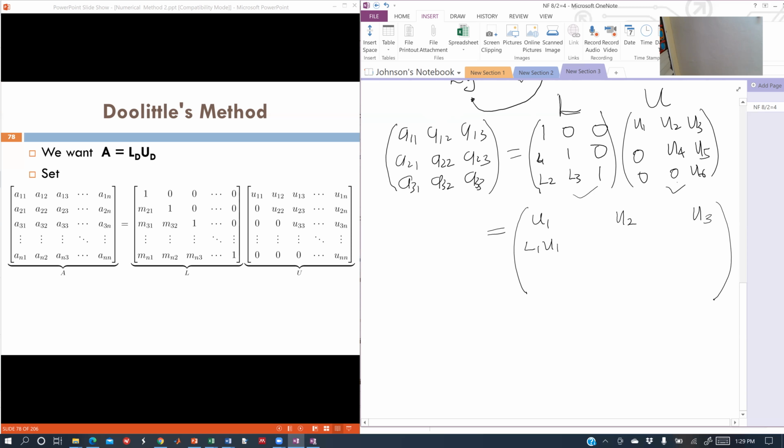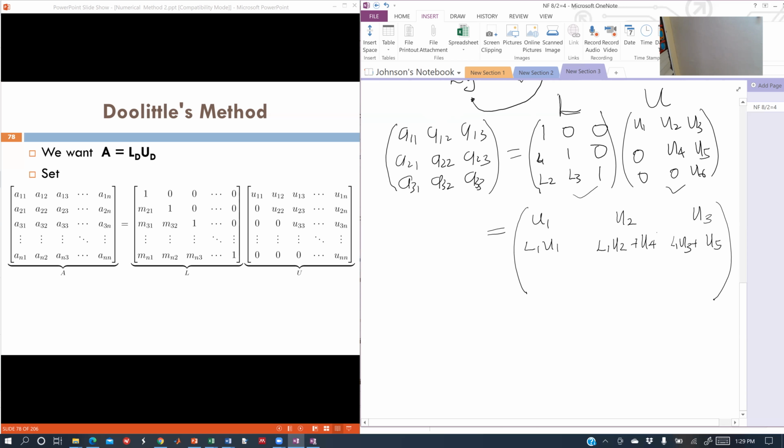Row 2 times column 2 will give me L1 U2 plus U4. And then row 2 times column 3 will give me L1 U3 plus U5. And then we go to row 3.